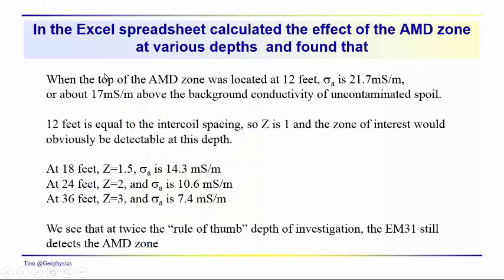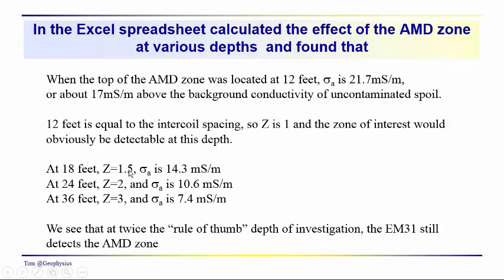So what we saw in summary, using the Excel spreadsheet computations, is that at 12 feet down to the top of the AMD zone, we get 21.7 millisiemens per meter, so we're 17 millisiemens per meter above the background. Very good. At 18 feet, we're just getting outside the Goldilocks zone.